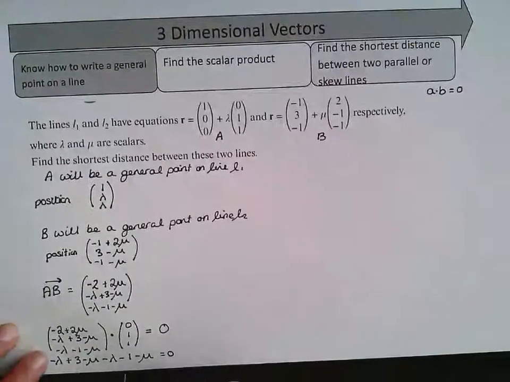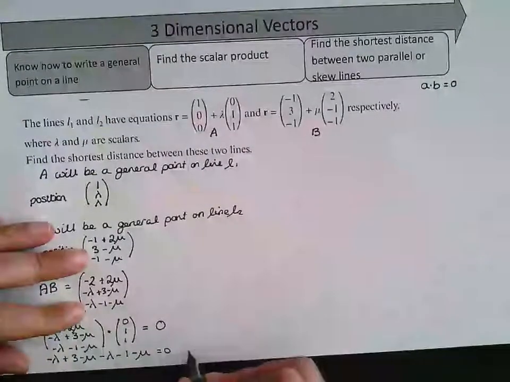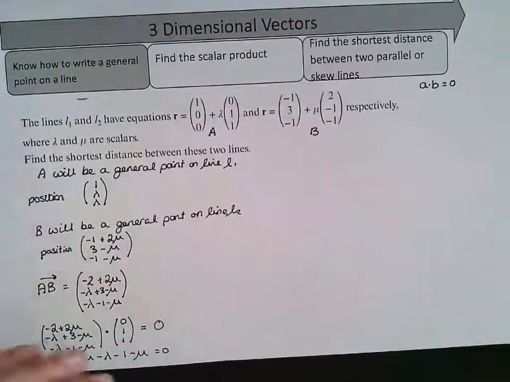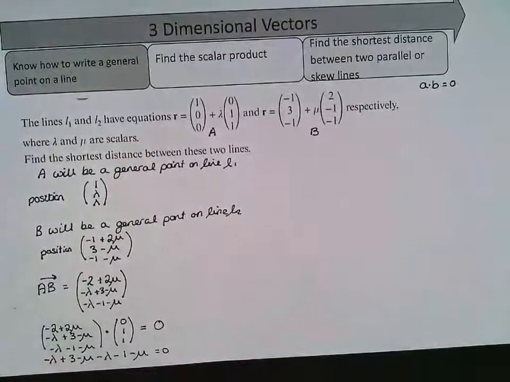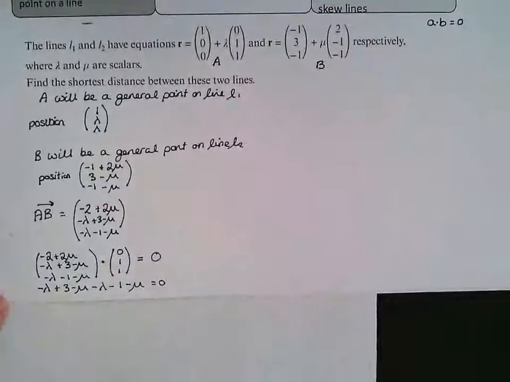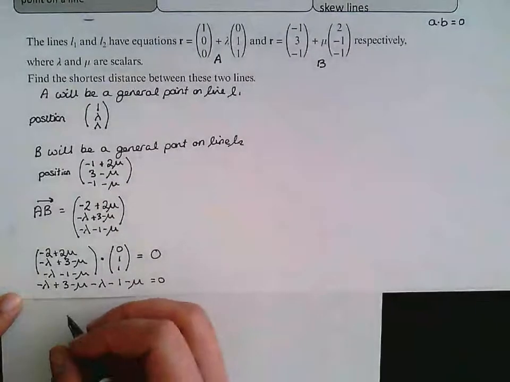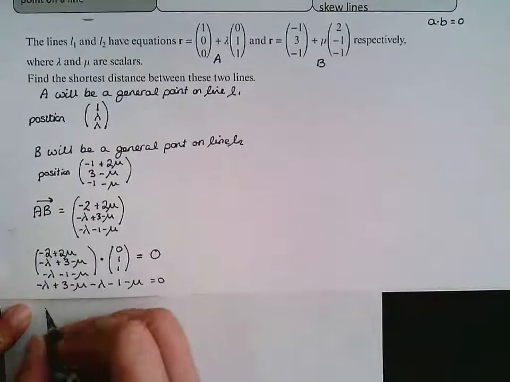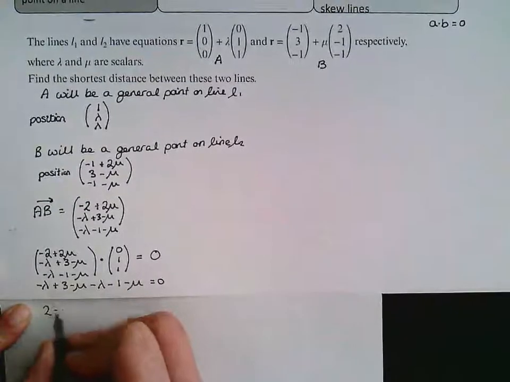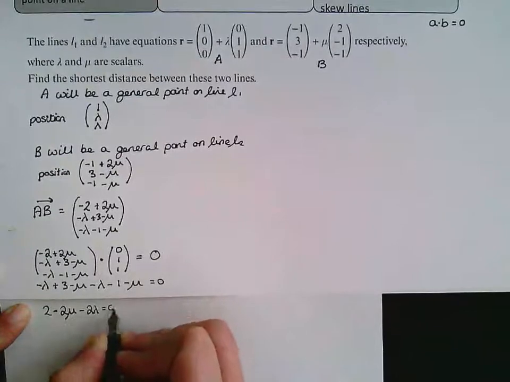So therefore, we end up with 2 minus 2 mu minus 2 lambda equals 0.